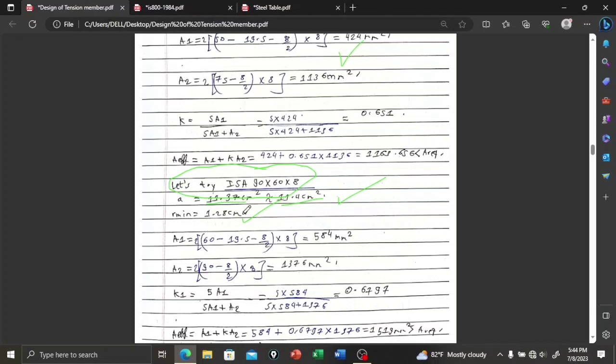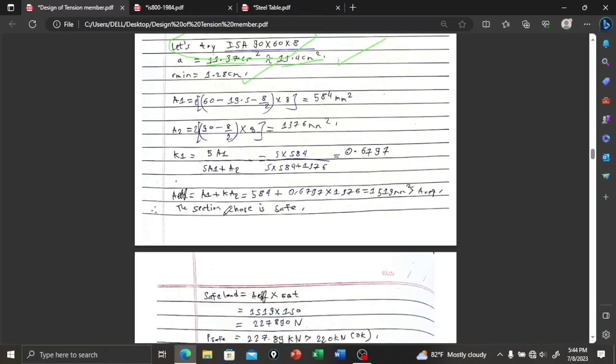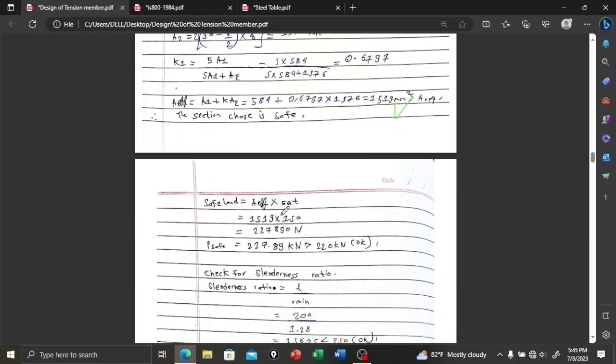So A1 is 2 because 2 sections, and A2 is 2 times shorter leg length was 60 and longer leg length was this, and diameter of hole was this, and this is the thickness. So by this formula we get this. So safe load is A effective times sigma 80, 1519 times 150, that is 227890.